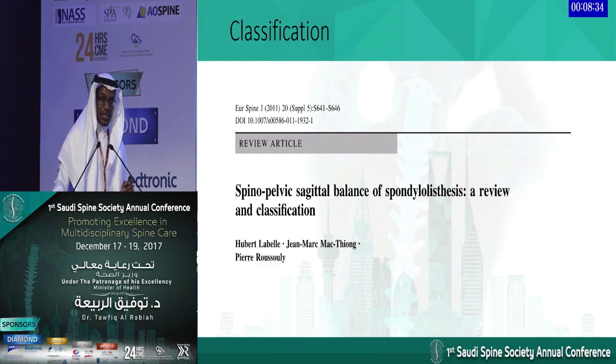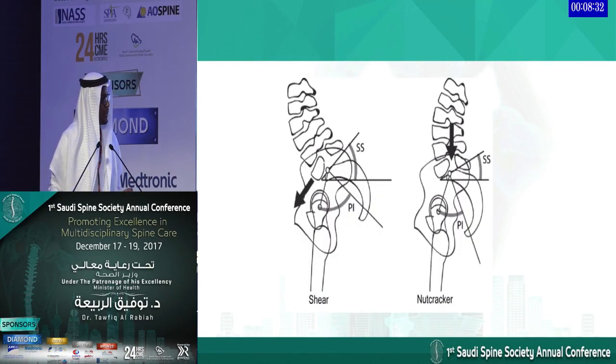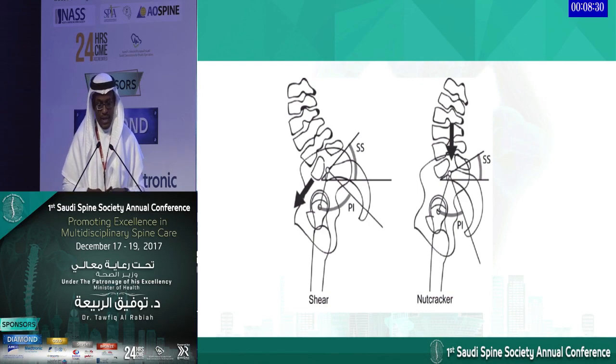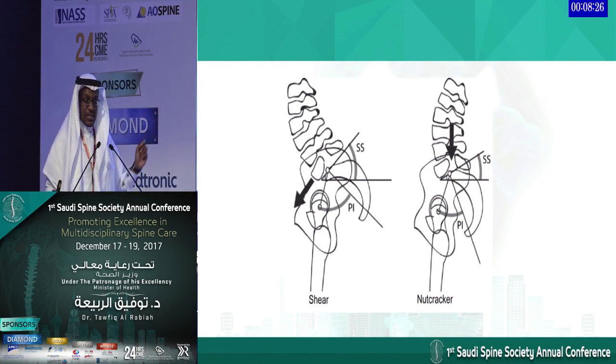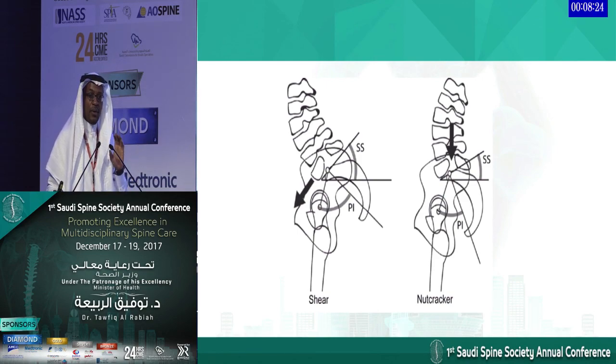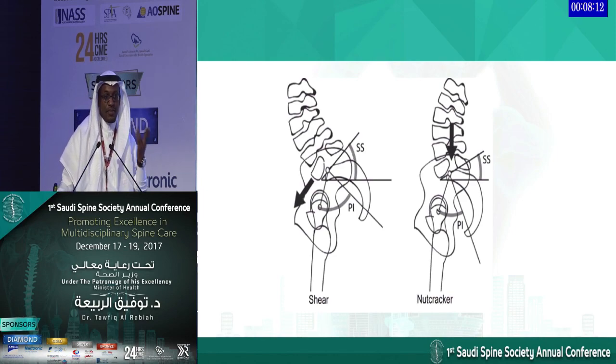To understand the basis of this classification system, I'm going to take you back to this slide. As you see on the left, this patient has listhesis and high pelvic parameters. Basically, their pelvic incidence, sacral slope, and pelvic tilt are high. This was discovered by Labelle back in 2007 when he studied about 170 patients.